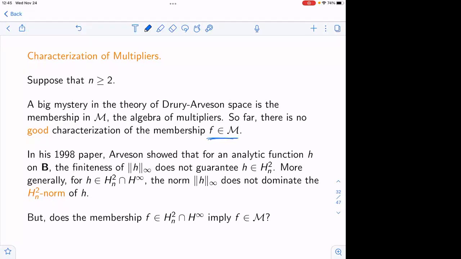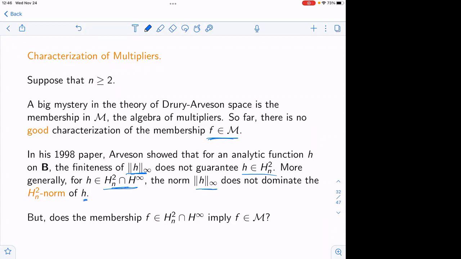Even if you go back to Arveson's original paper, we know that the finiteness of this H infinity norm does not guarantee this membership. More generally, if you have an H which is in the intersection of the Drury-Arveson space and H infinity, then this thing does not dominate the H infinity norm of H.